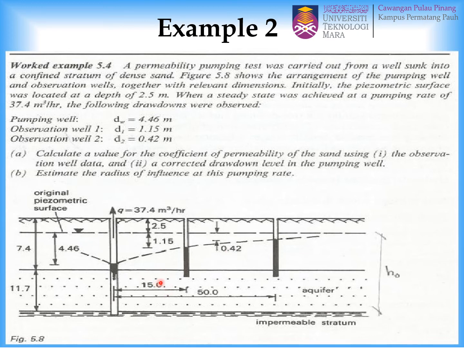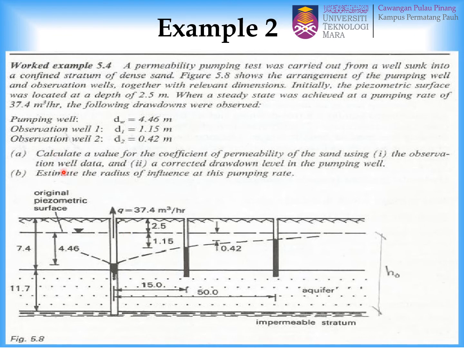Then you have the radial distance R1 is 15, and the radial distance R2 is 50 meters. Then you have D of 11.7 meters, and Q of 37.4 cubic meters per hour.